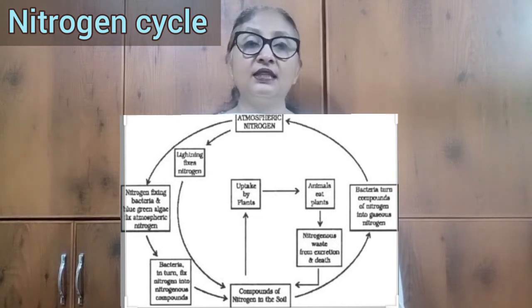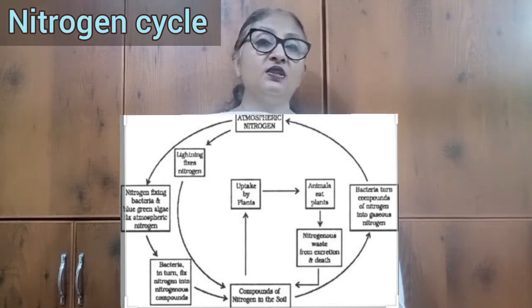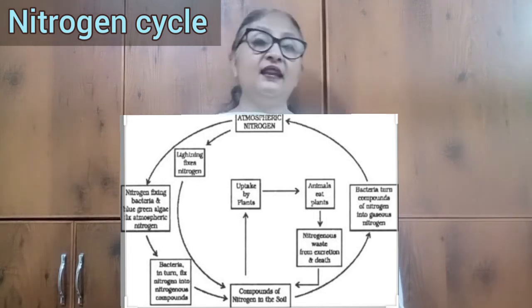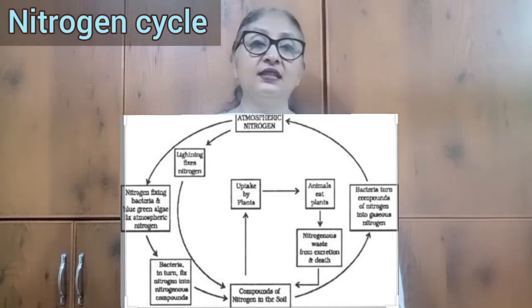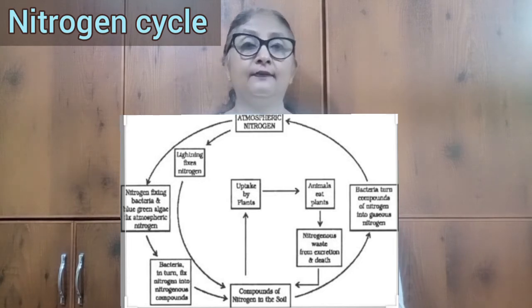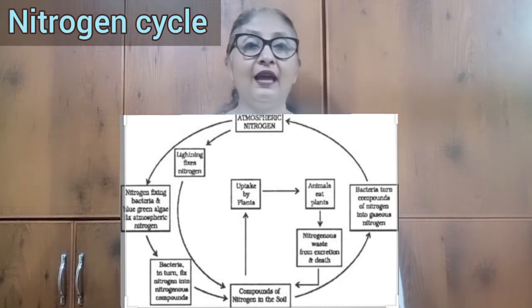Once this nitrogen is fixed into the soil, it is converted to soluble forms of nitrogen, that is nitrates and nitrites. These nitrates and nitrites are absorbed by the roots of plants, and in the body of the plant they are converted to amino acids and proteins.